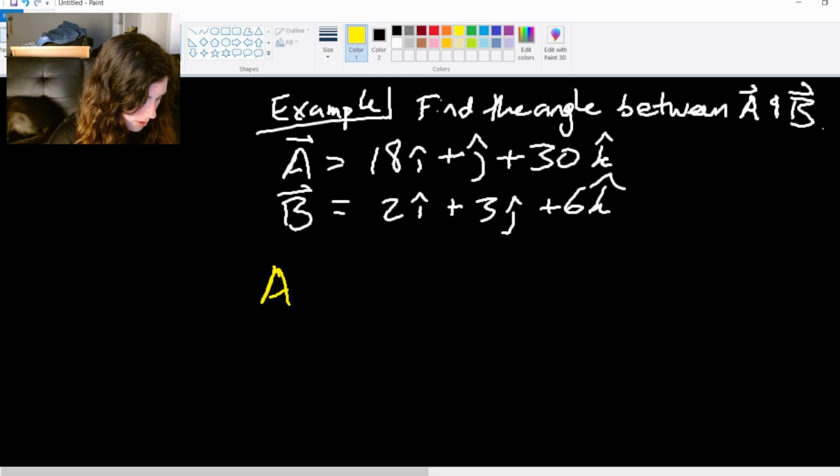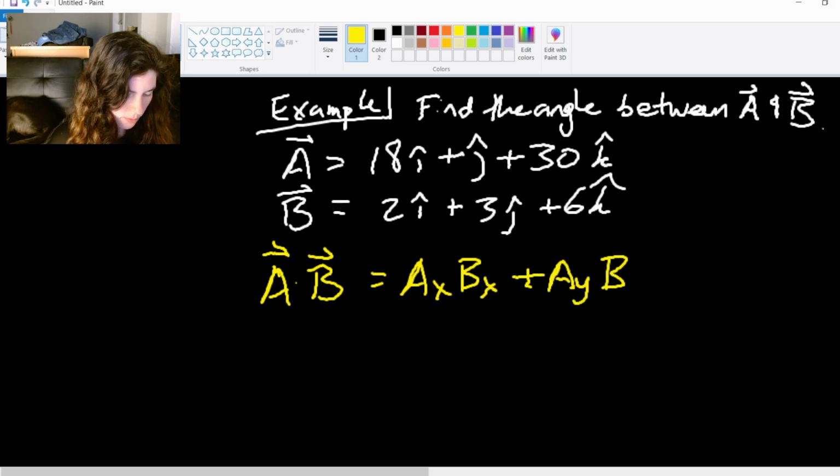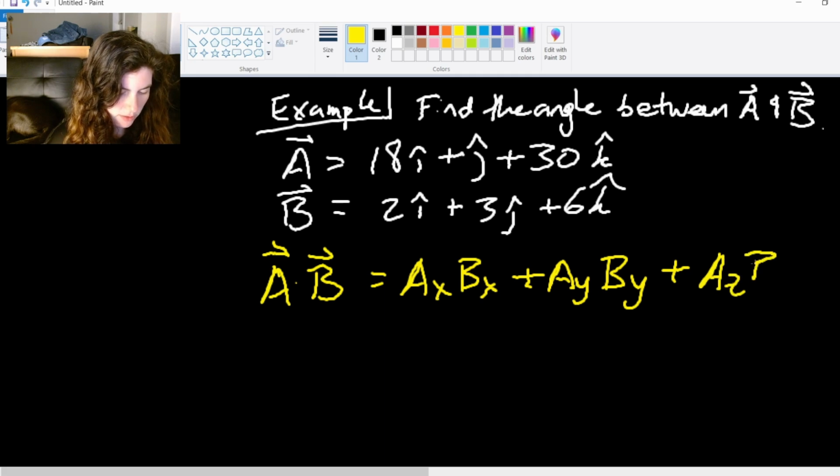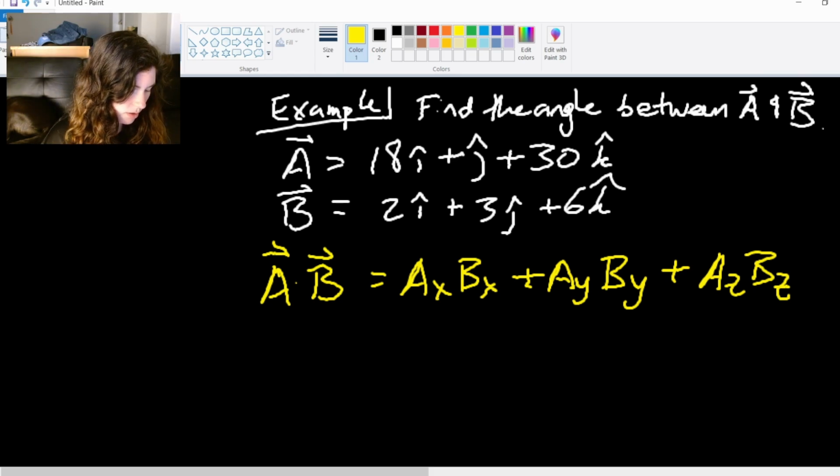Now, if you'll recall, our dot product definition that we just went over is going to be AX BX plus AY BY plus AZ BZ. So since it's already in Cartesian form, it makes it really easy to write out what these are, right?